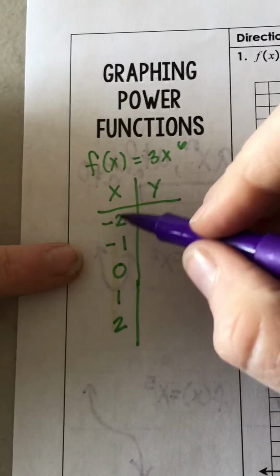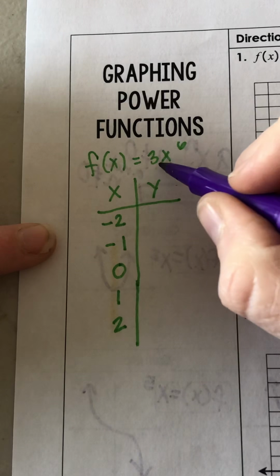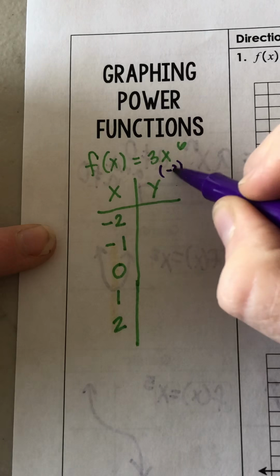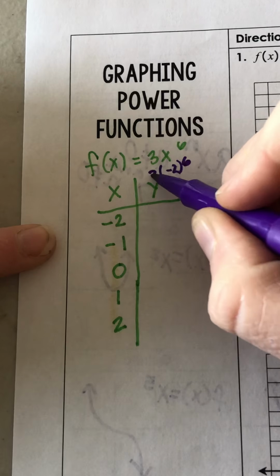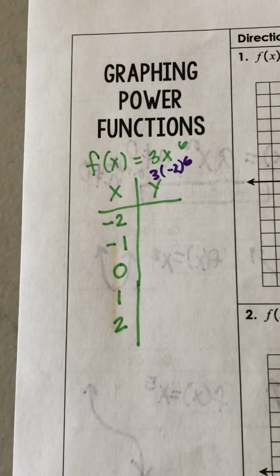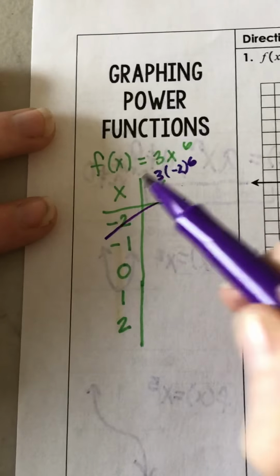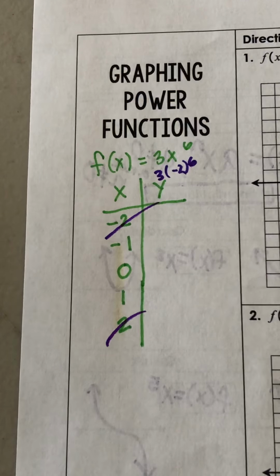So what if I plugged in -2 to the 6th power, and then times it by 3? That's going to be a huge number. That's going to go way off our graph, okay? So that's essentially why this ends up looking very similar to an x squared. Okay, so -2 and 2 are going to go way off the graph.